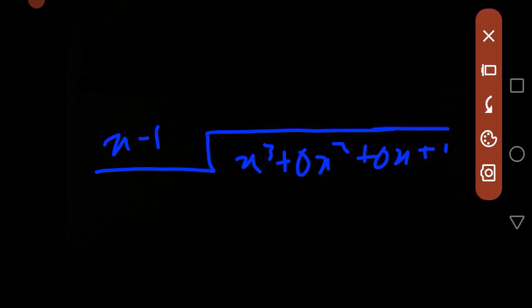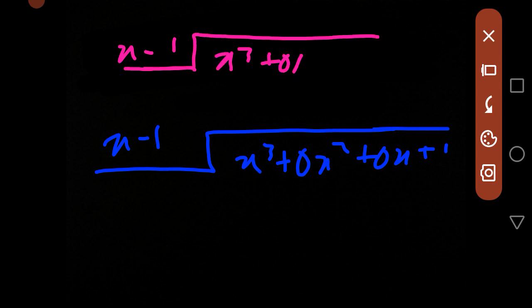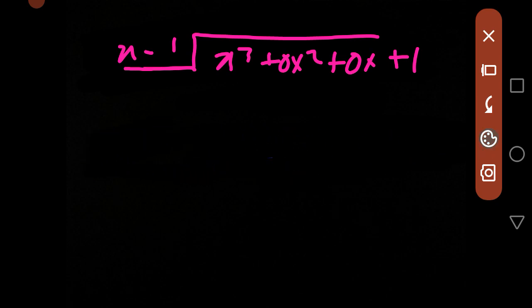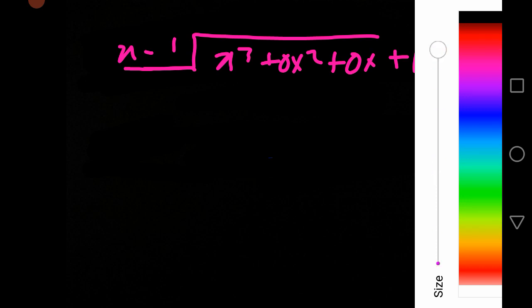So this is x minus 1 into x cubed plus 0x squared plus 0x plus 1, like that. Yeah, so let us do this division.